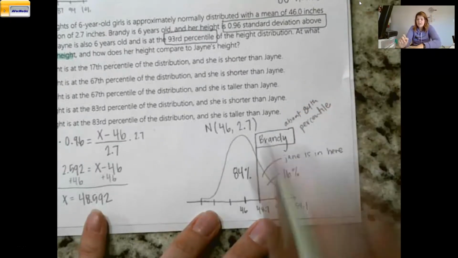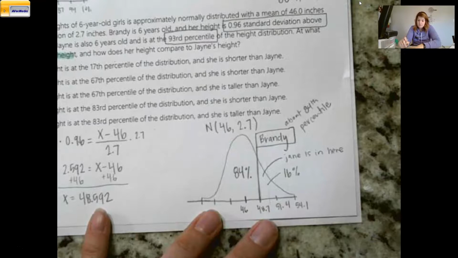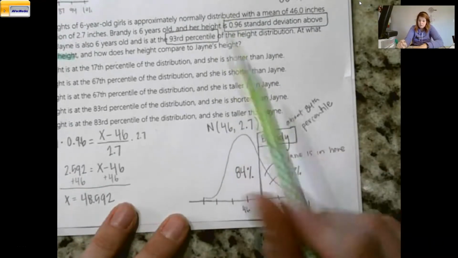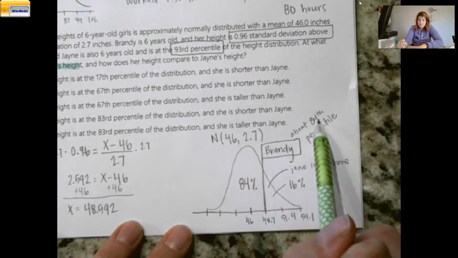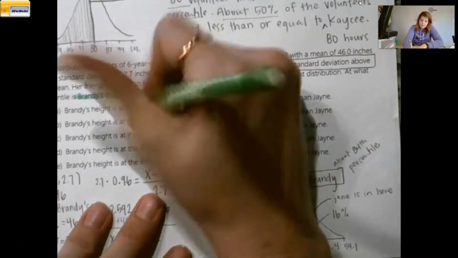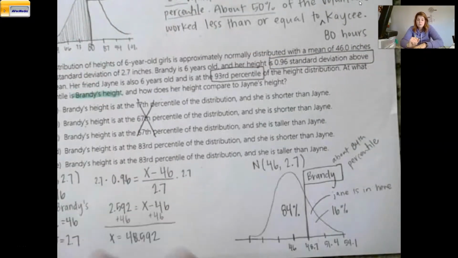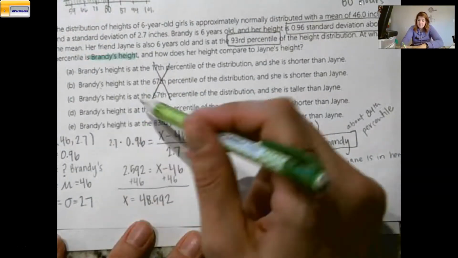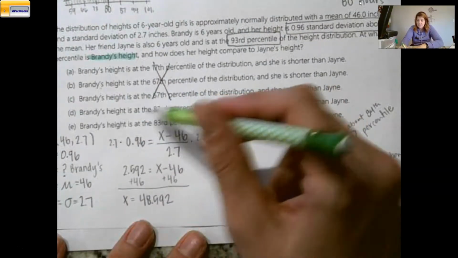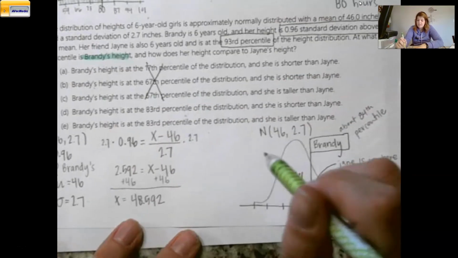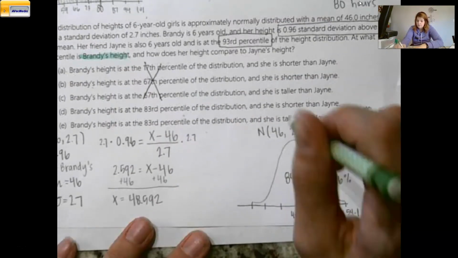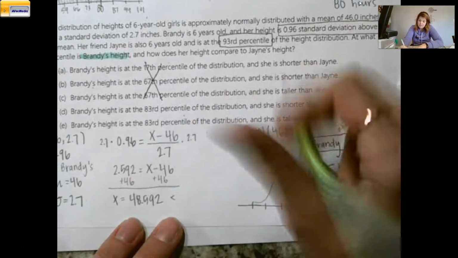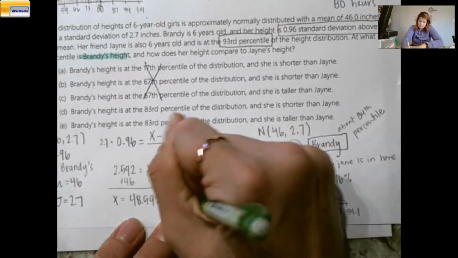So Jane is higher than Brandy. So let's see what our options are. We think that she's at about the 84th percentile, so that means these first three options are a no. So we're going to choose Brandy's height is at the 83rd percentile, which would make sense because this is slightly less than 48.7.